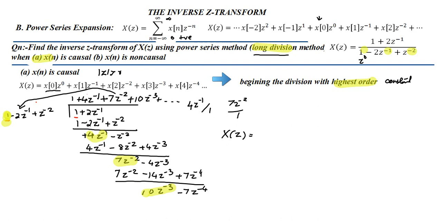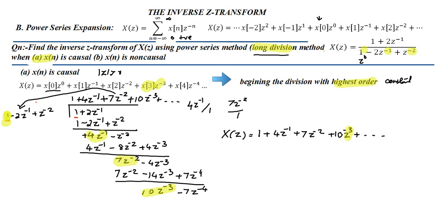It becomes 1 plus 4 z raised to minus 1 plus 7 z raised to minus 2 plus 10 z raised to minus 3 plus etc. So if you compare with the standard equation, here you can see z raised to minus 3, here also z raised to minus 3, the corresponding term is x3.